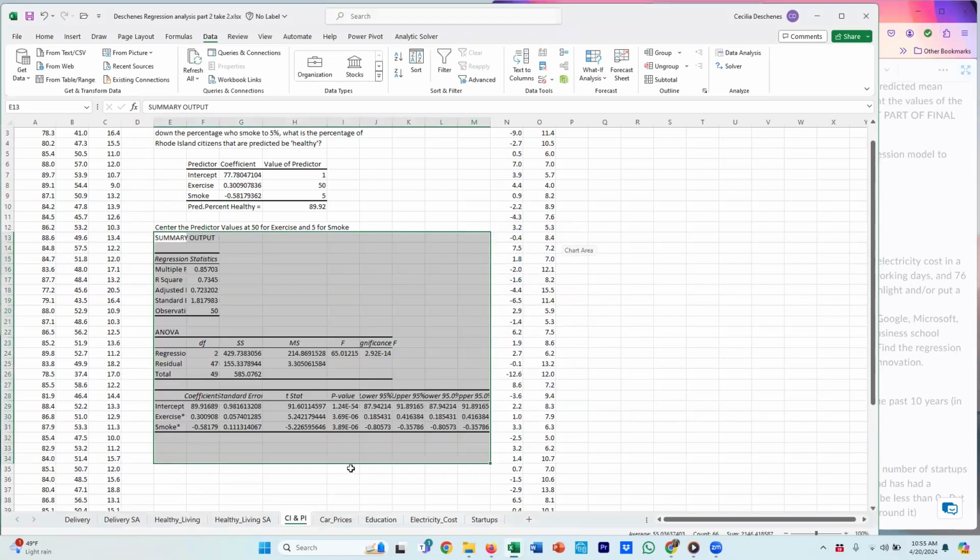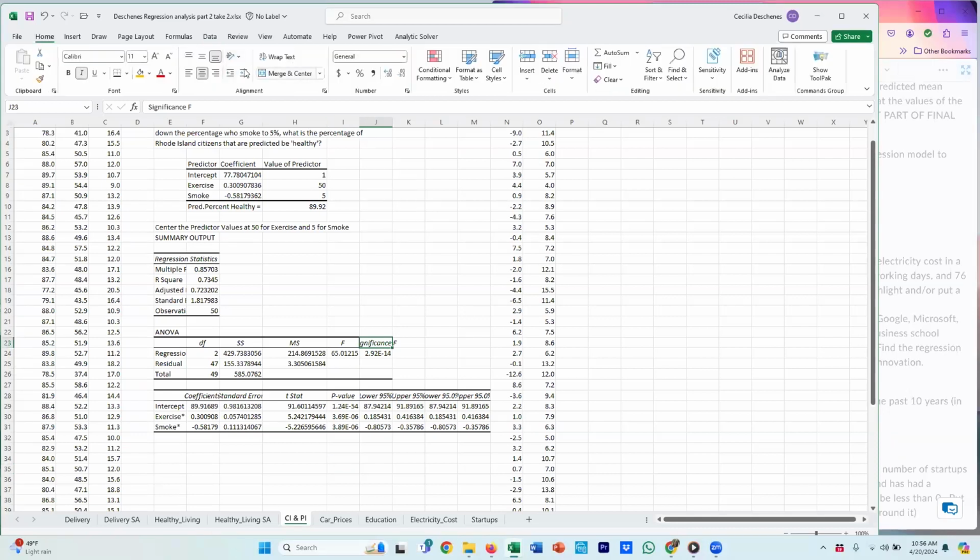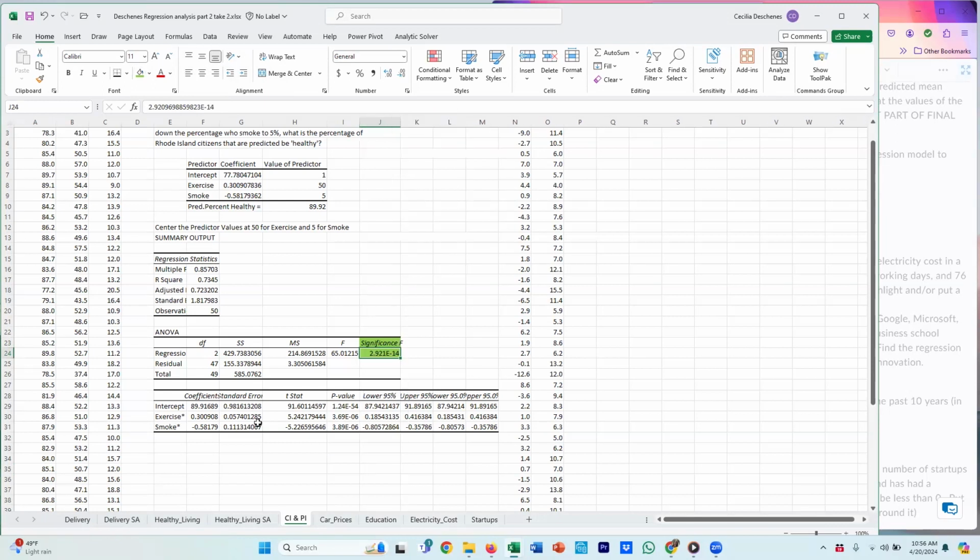First thing is everything should be about the same. All these coefficients should be the same, right? But the 89.916, that's our new intercept. We expect that the intercept is now at our predicted value. That's a good check that you did it right.